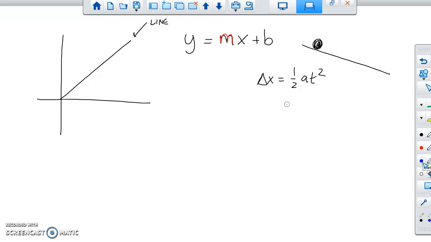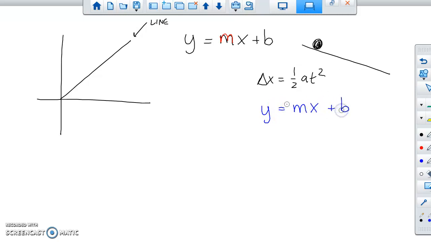And the question was, what two things are you going to plot so that you get a straight line, and how are you going to analyze that line to get the acceleration? So the key is looking at equations and comparing them to the equation of a line.